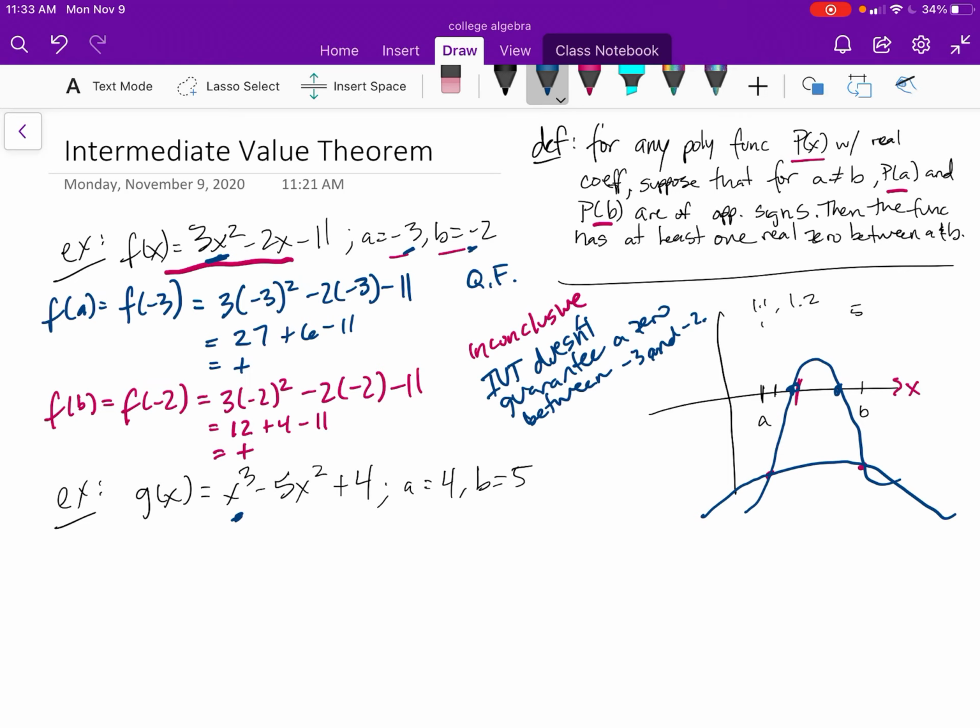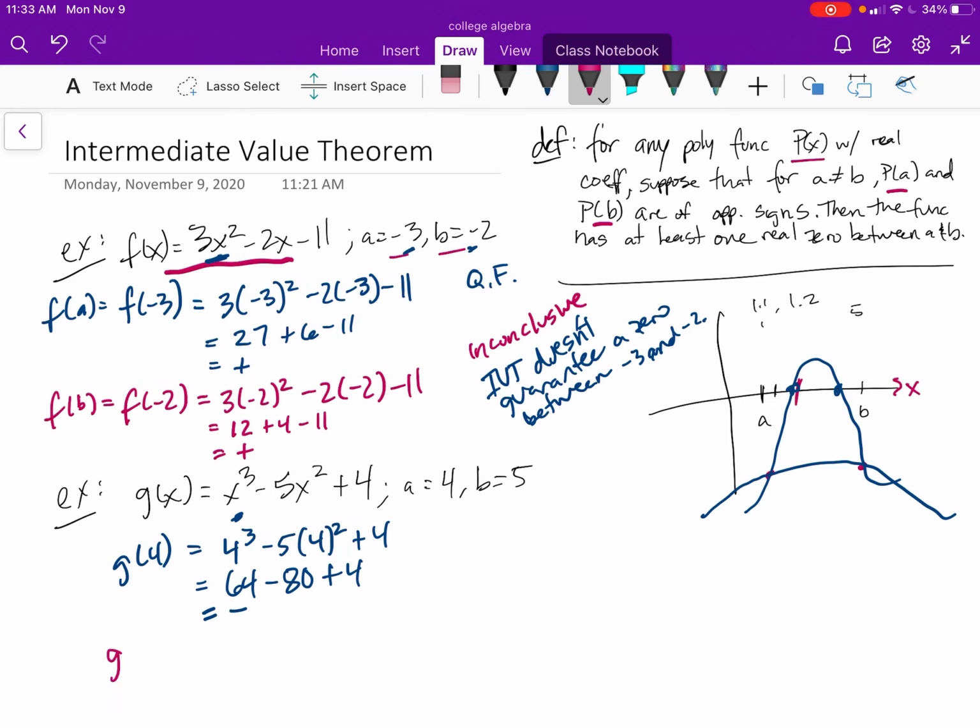All right, let's do this next one. g of 4. We get 4 to the third minus 5 times 4 squared plus 4. That's 64 minus 5 times 16. I believe we get 80 plus 4. So we get negative 68 minus 80, negative 12.